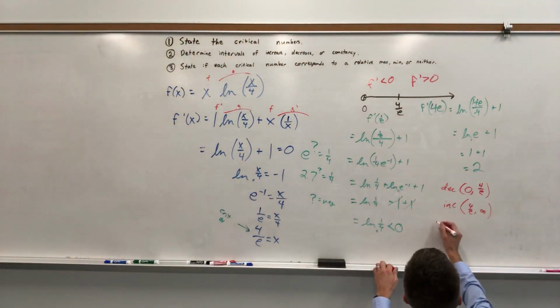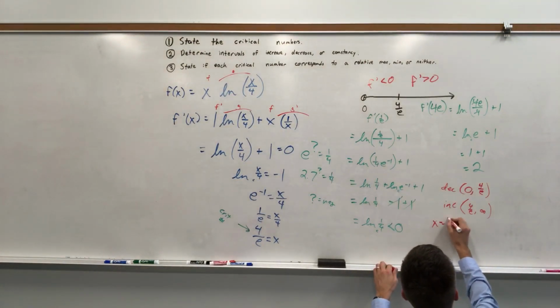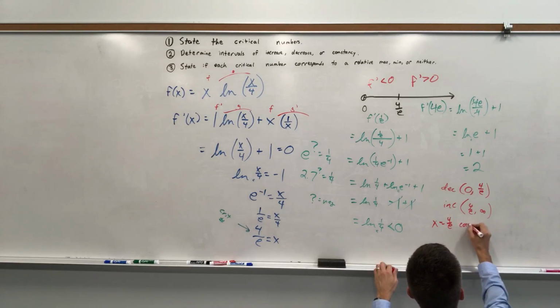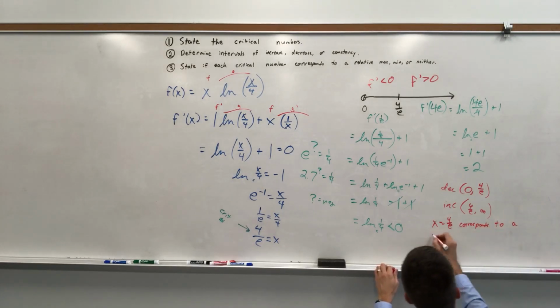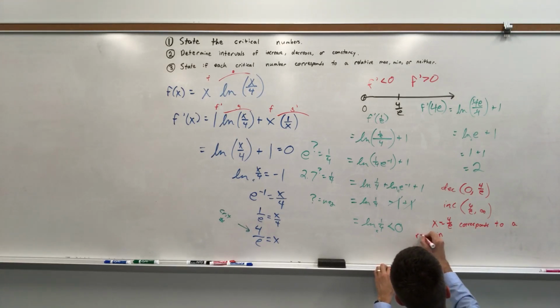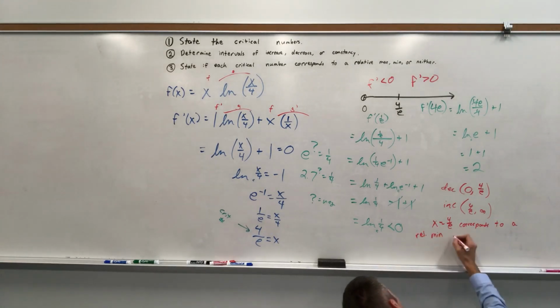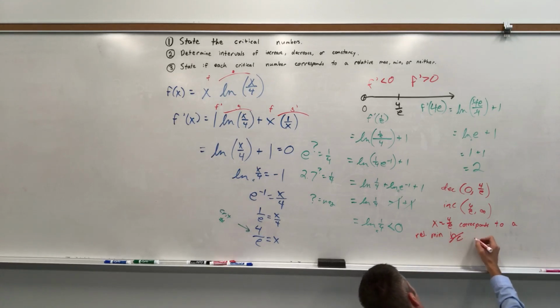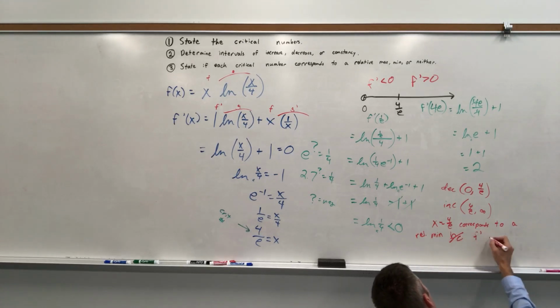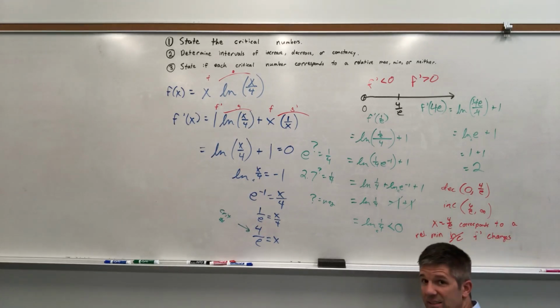All right. X equals 4 over e corresponds to a minimum, relative minimum, because the derivative changes. I don't want to say it changes signs. That's not enough.